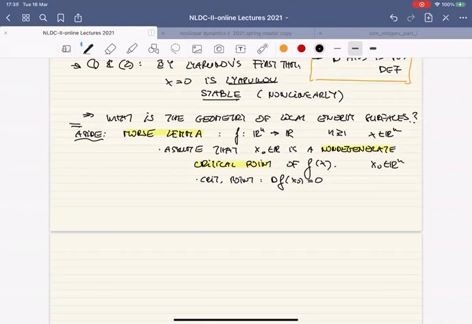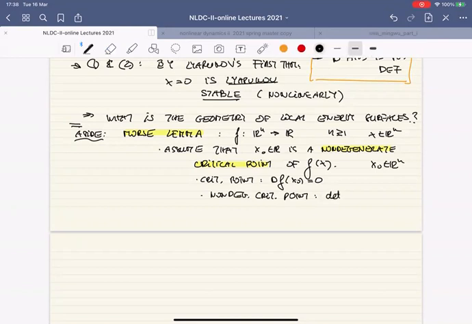Thank you. So that's what a critical point is. A non-degenerate critical point is a critical point for which, if you take the Hessian there, then it's non-degenerate.